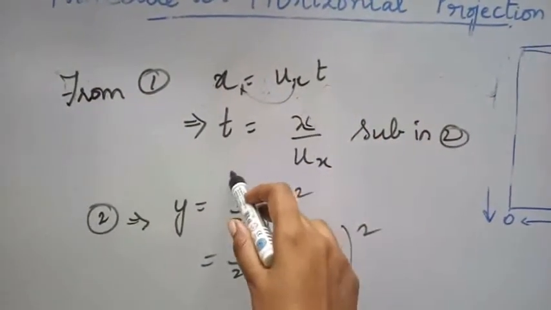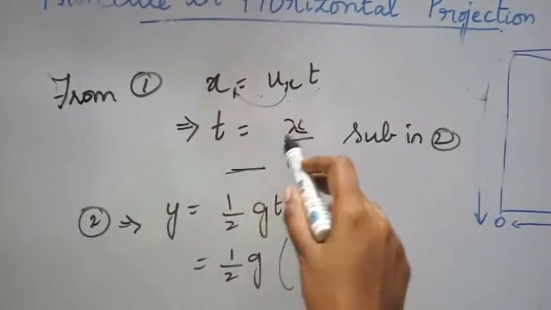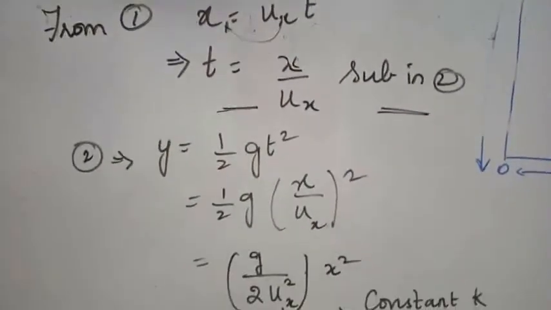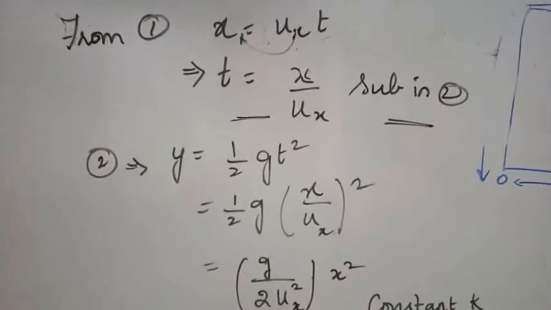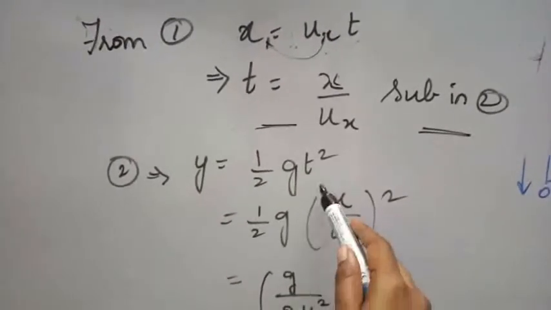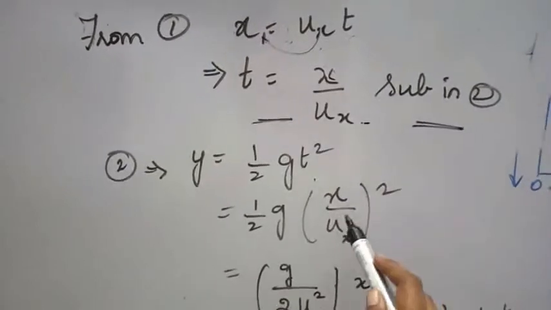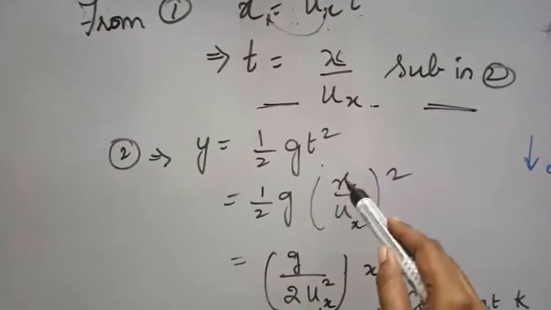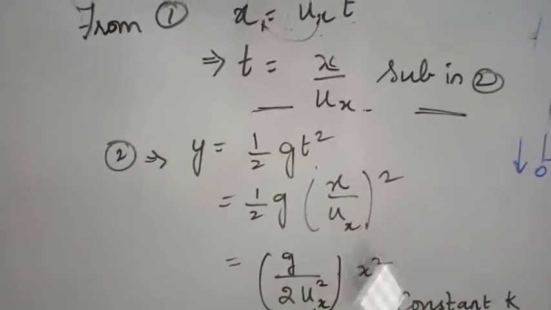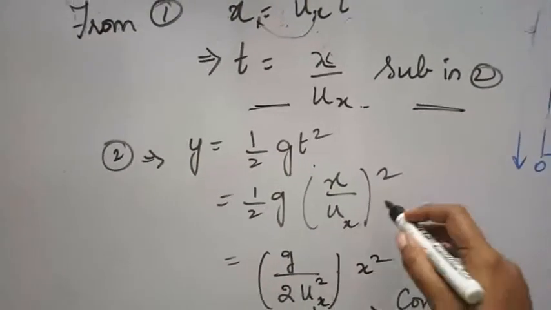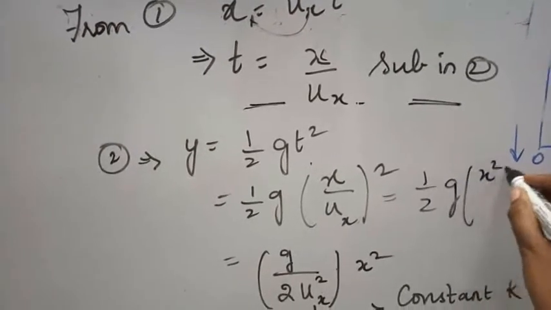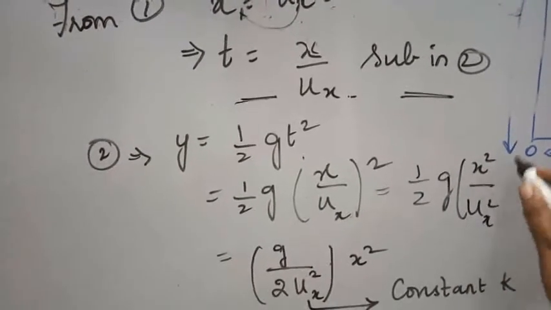Substitute t is equal to x by ux in equation number 2, which is y is equal to half gt square. Instead of t, substitute this. So it is 1 by 2 into g into x by ux, the whole square. You will get 1 by 2 into g into x square by ux square.